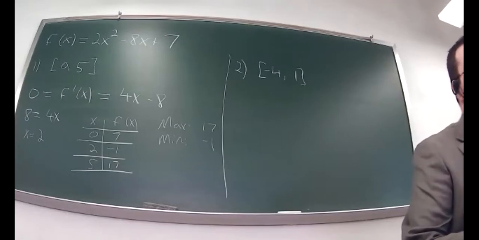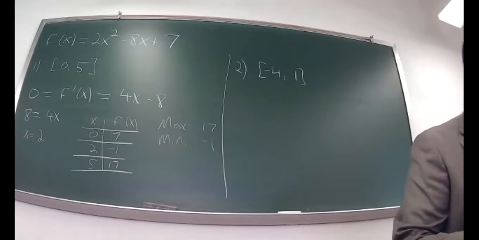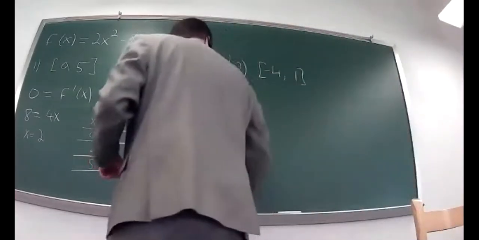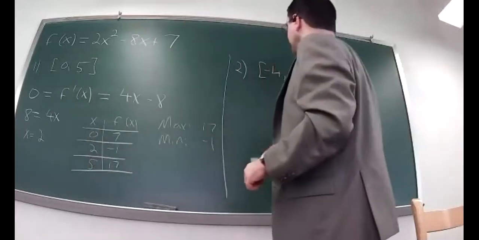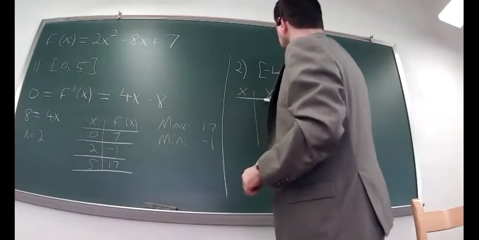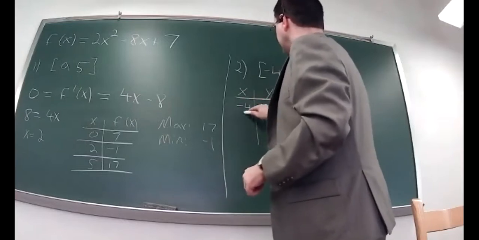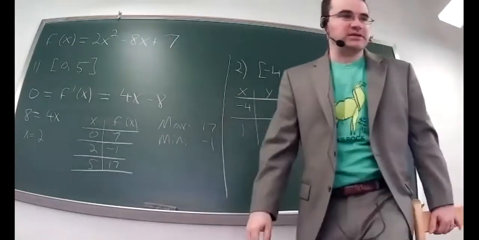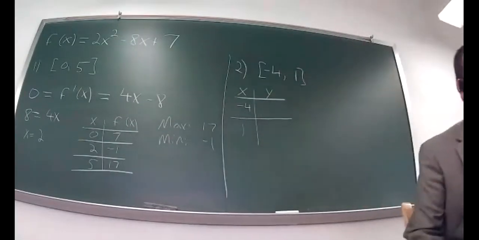So there's no critical point, and your only options are x equals -4 and x equals 1. One of them is the maximum and one is the minimum.